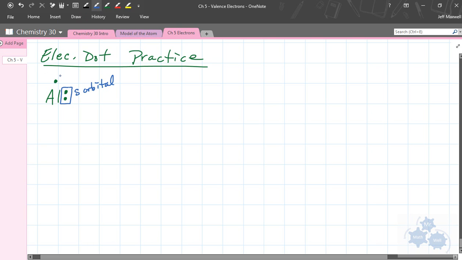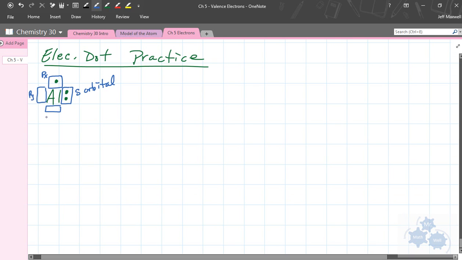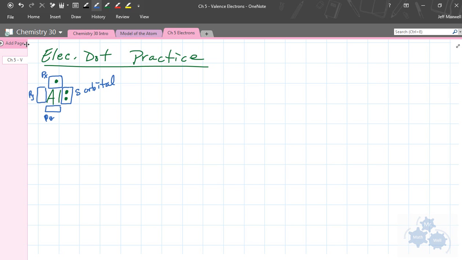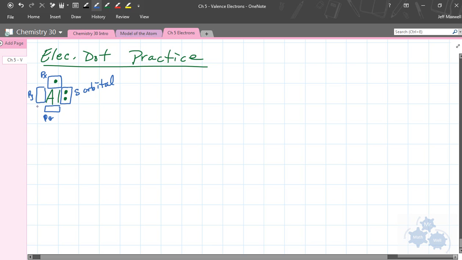Over here, these other 3 sides, I like to view them as the p orbitals, so px, py, and pz. I don't think this is a global standard by any means, but you'll see this in the textbook. That's kind of how they do it.